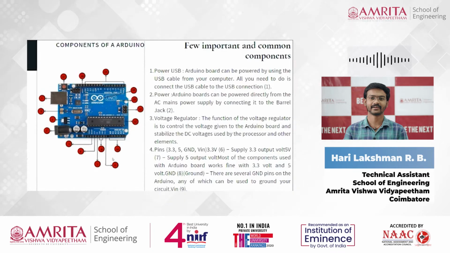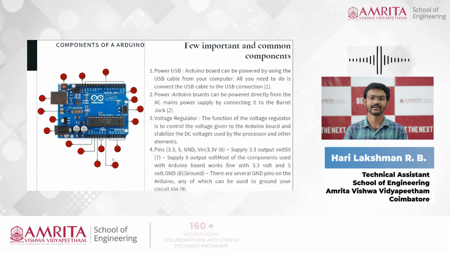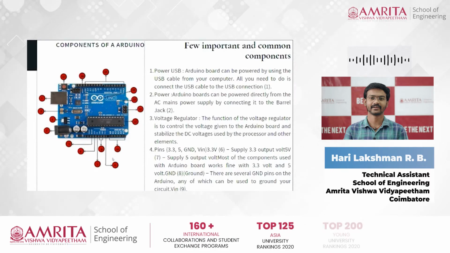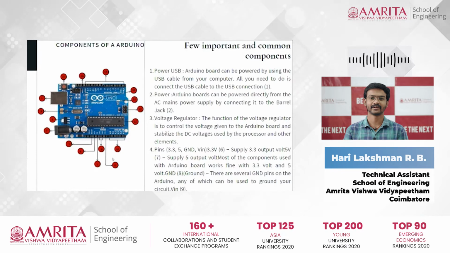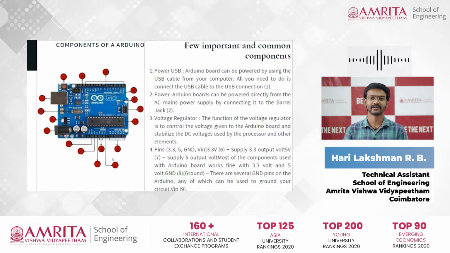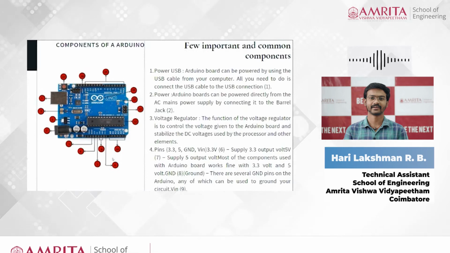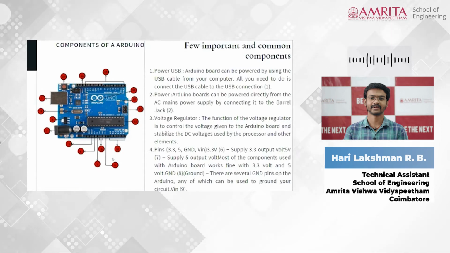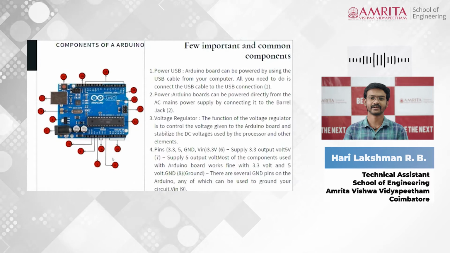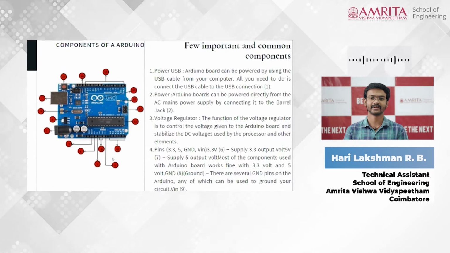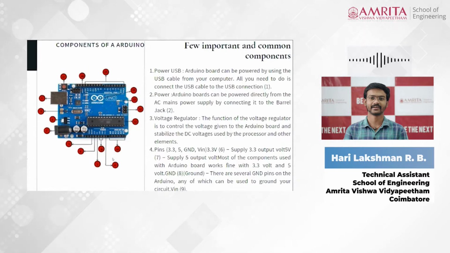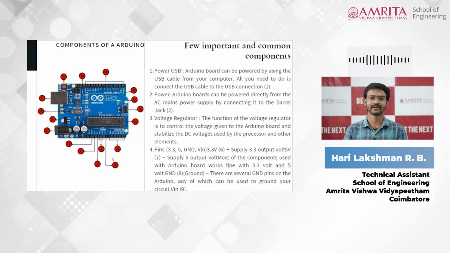It supplies the voltage correctly to the microcontroller. Or let me show you. This part here is the ATmega, and it is a microcontroller. The voltage regulator takes whatever the input voltage is and supplies it properly to the microcontroller and other elements in the board.